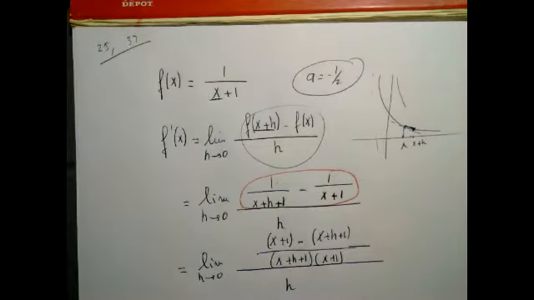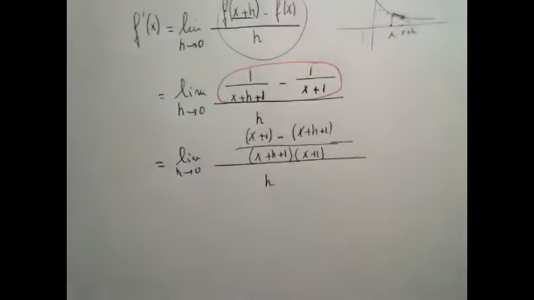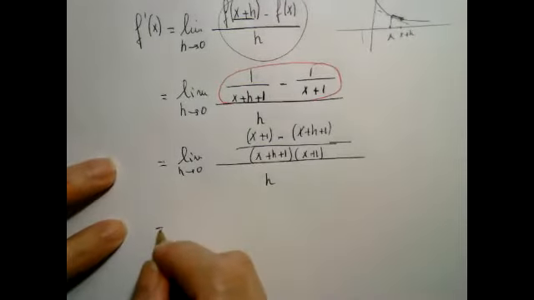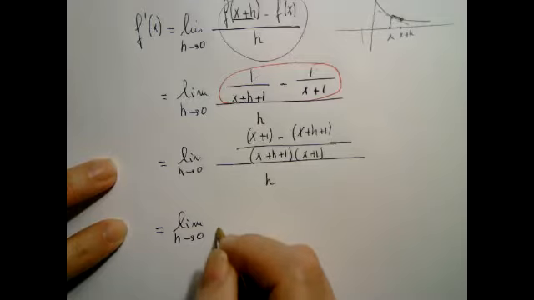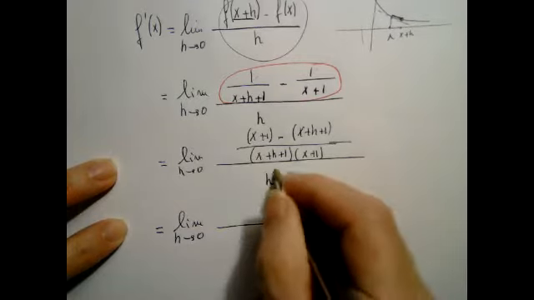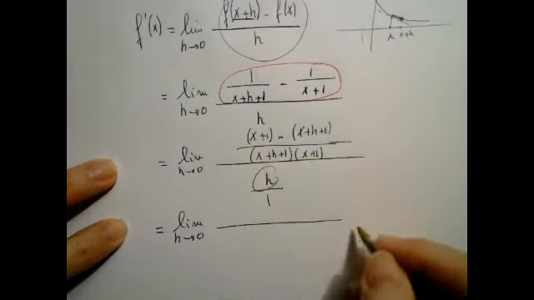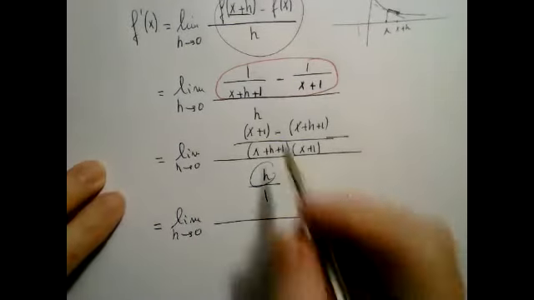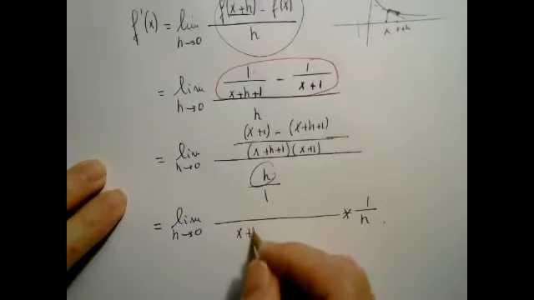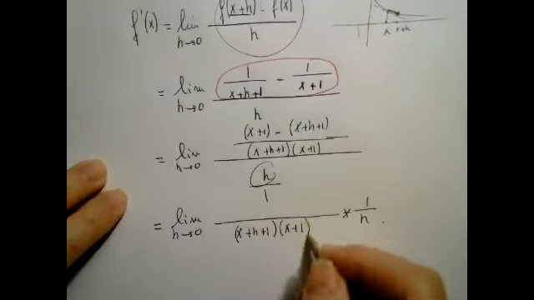And now we just have to basically simplify this expression and hopefully find the limit. So this will give me the limit as h goes to 0 of the numerator divided by h. Now h is over 1, it's like multiplying by 1 over h. The denominator is x plus h plus 1 times x plus 1.